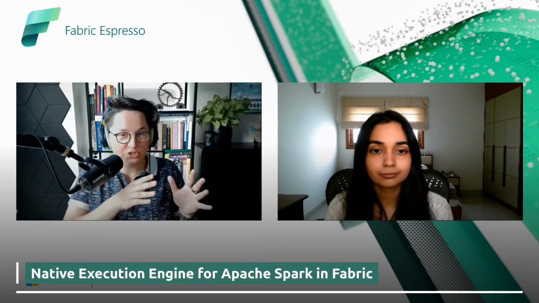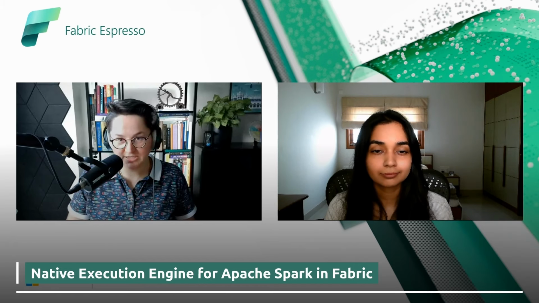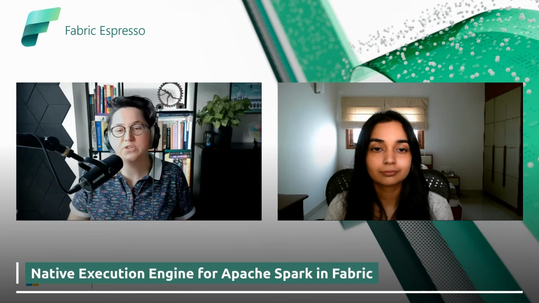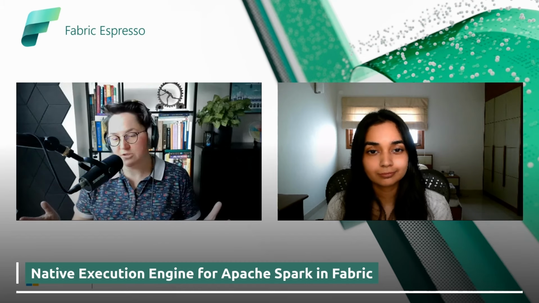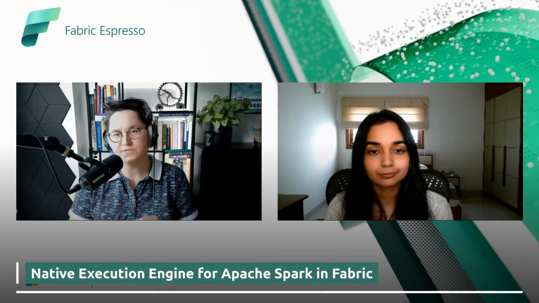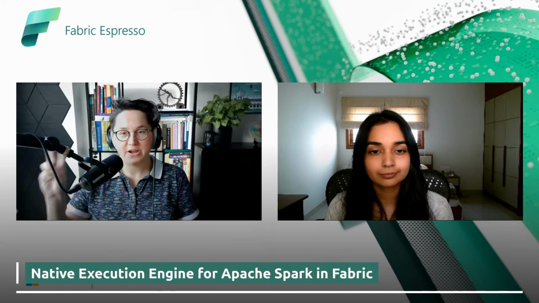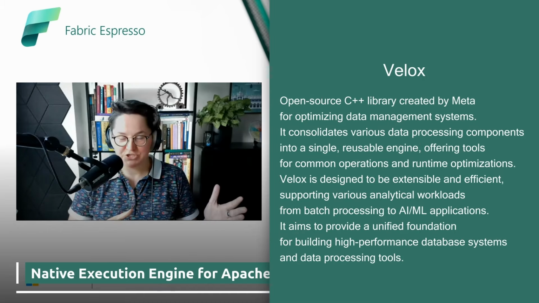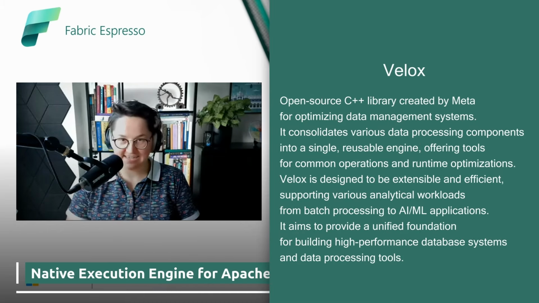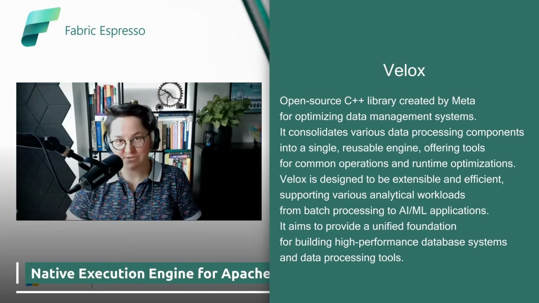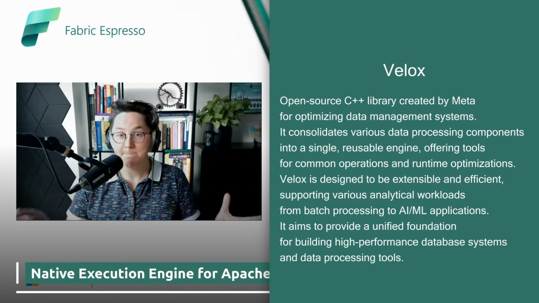And now I want to jump into the technology that stands behind the engine and its architecture. But just to give you the comment and also share the kudos and acknowledge that at the heart of the Native Execution Engine, there are two open source components. Velox, which is a C++ database acceleration library created and then open sourced by our great partner, Meta.